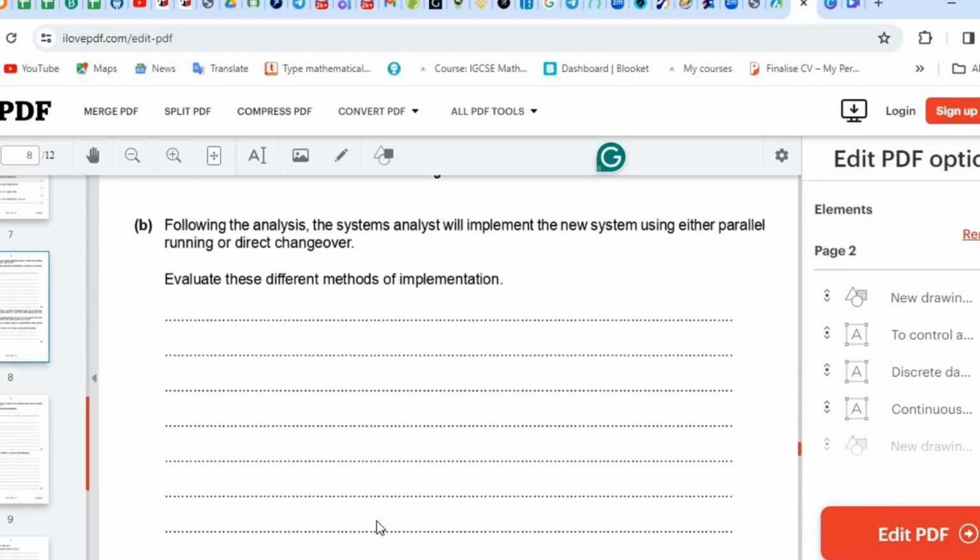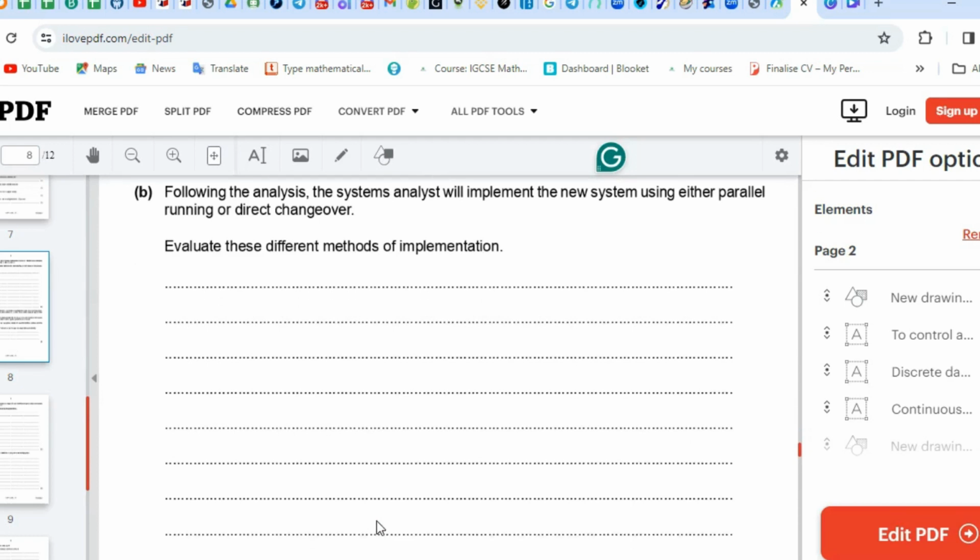Evaluate these different methods of implementation. That is, we are to analyze and evaluate both parallel running and direct changeover.